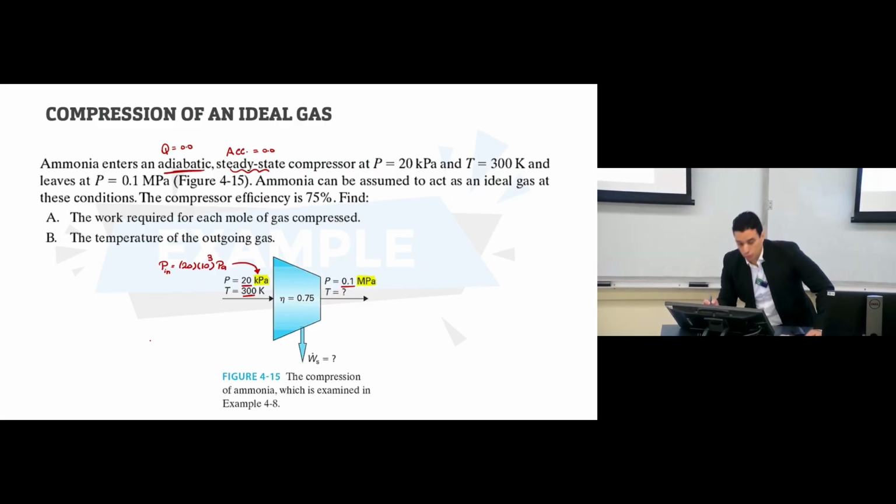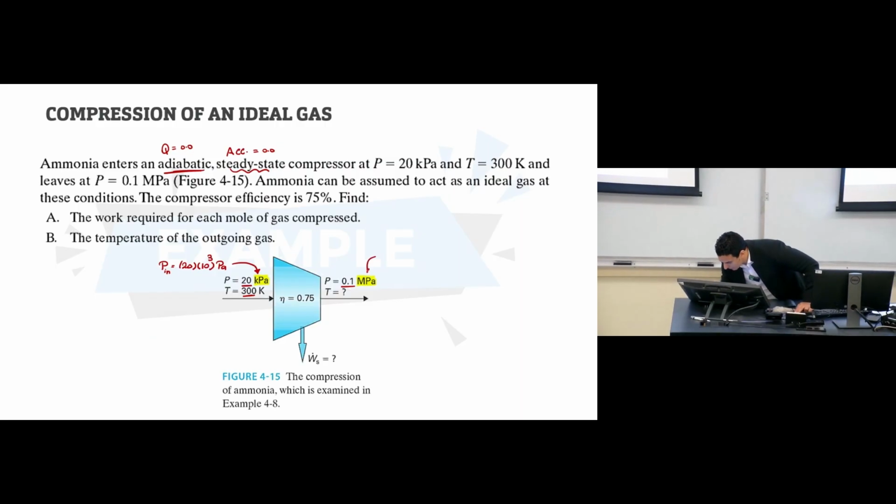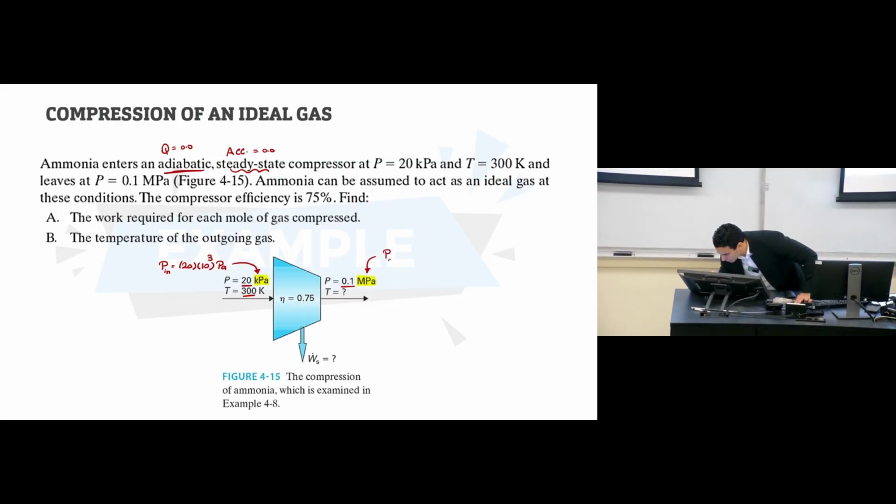To convert megapascal to pascal, the outlet pressure is 0.1 times 10 to the power 6 pascal. Because for kilopascal we multiply by 10 to the power 3, and for megapascal we multiply by 10 to the power 6.